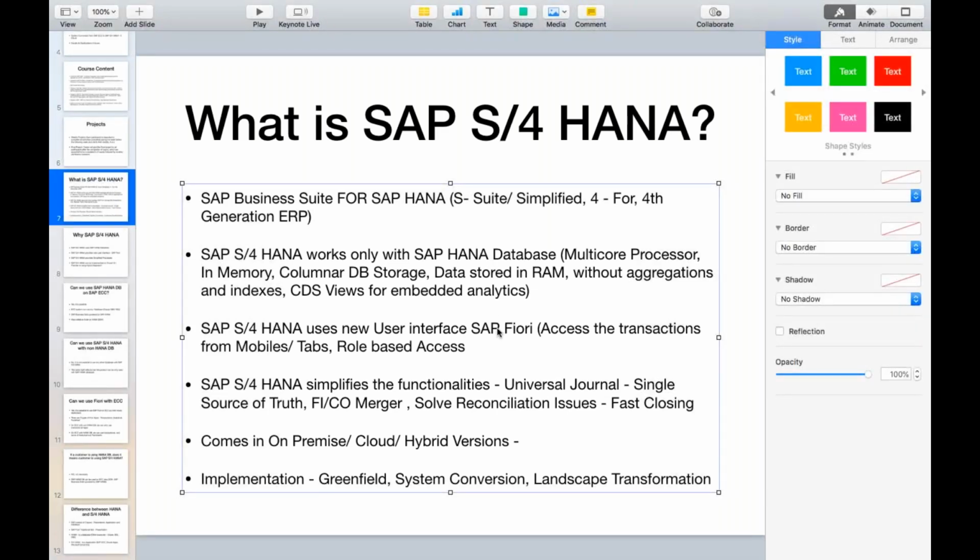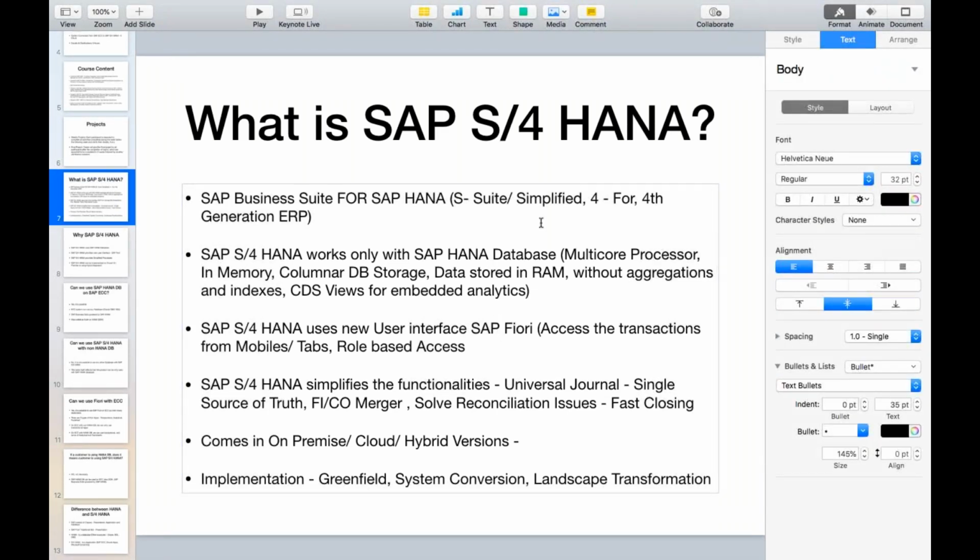Similarly, the second benefit of SAP S/4HANA is the user interface. There is a new user interface in place, which is called SAP Fiori, which will allow you to access your transactions from your mobiles, from your tabs, and that too with much simpler screens compared to the traditional screens that we used for transactions, right?